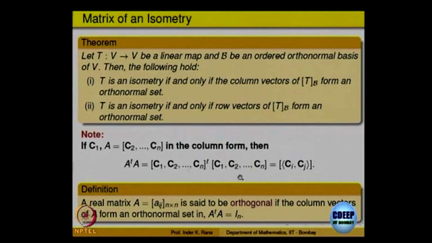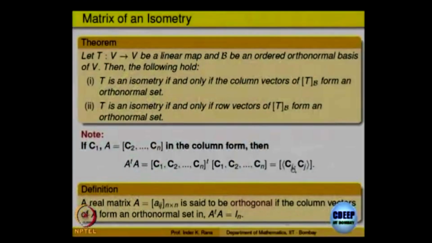That means A transpose A is just the inner product of Ci and Cj. Remember what the inner product was in terms of vector notation? The inner product of a and b was a transpose b, multiplication as vectors, so that is a dot product. And if these are orthogonal, what will happen? They will be either 0 or 1 depending on whether i is equal to j or not.